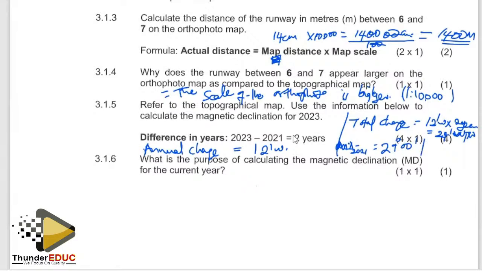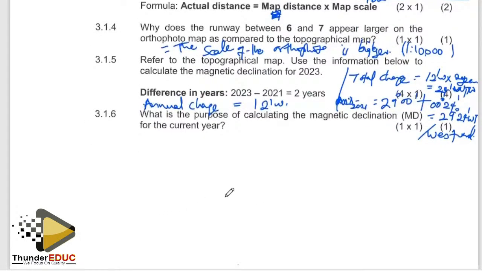Because it is west of true north, we add 00 degrees 24 minutes. When you add, you get 29 degrees 24 minutes west of true north, or westward. Please don't miss out the word westward, or west of true north. Okay, we get our 4 marks from there. So we go to the next one.